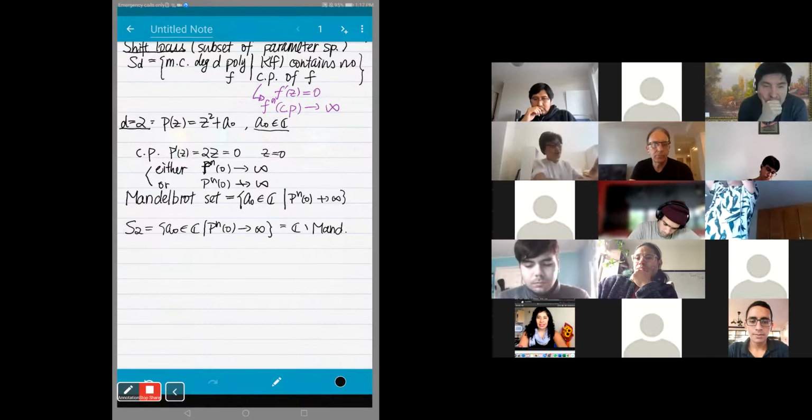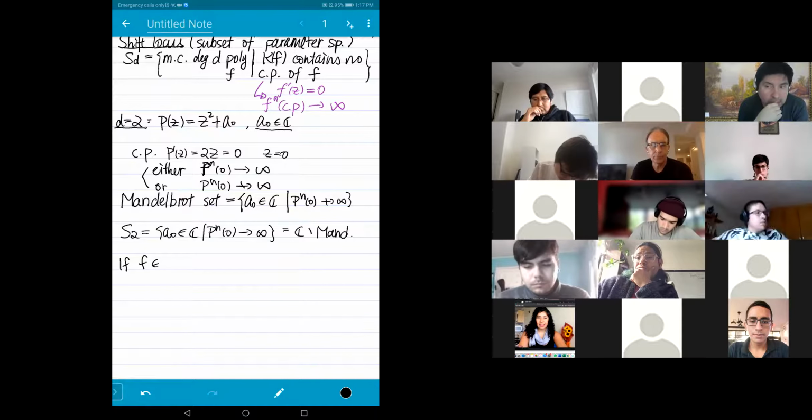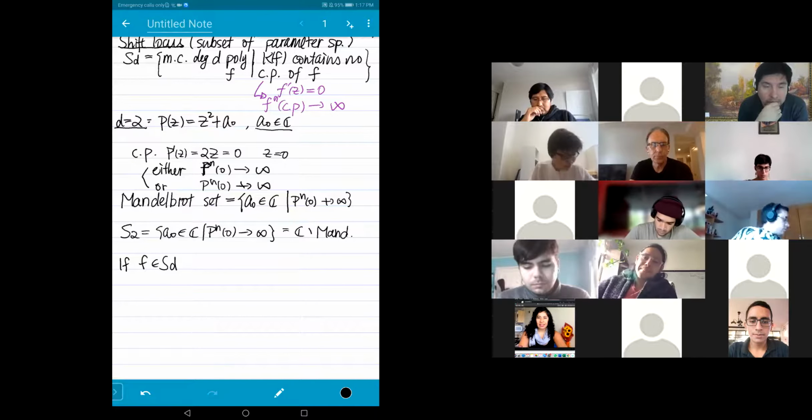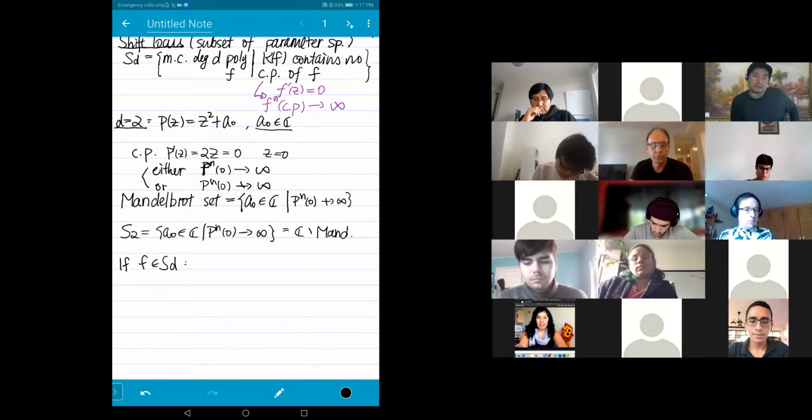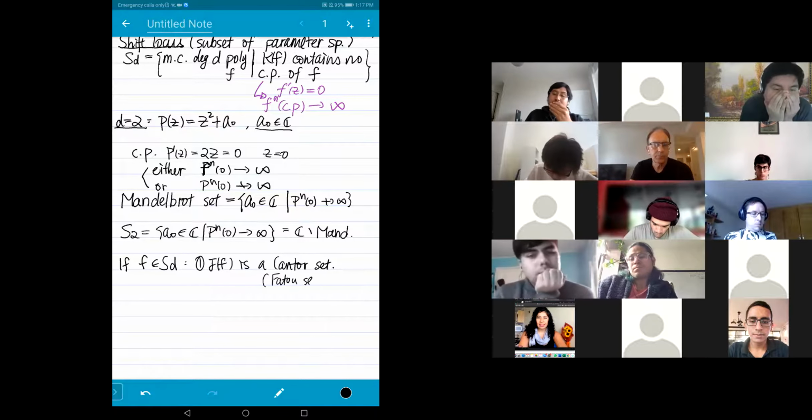Yeah, let's come back. So as we saw on the picture, if we take a polynomial which is in the shift locus, the dynamics is very nice. So first, the Julia set of the polynomial is a Cantor set. So the filled Julia set is also the Cantor set, right? So that is to say the Fatou set is the plane minus Cantor set.